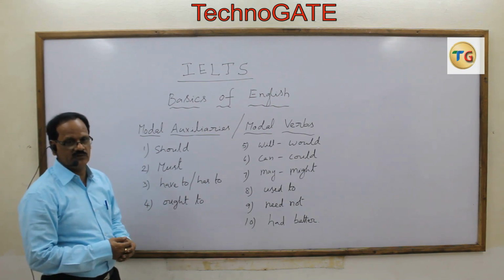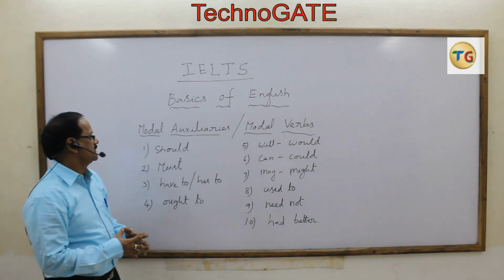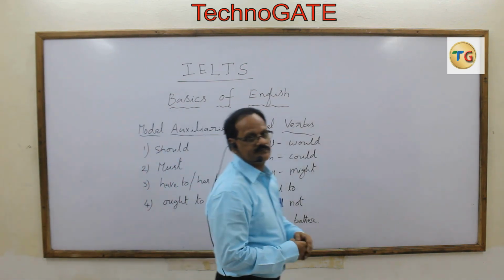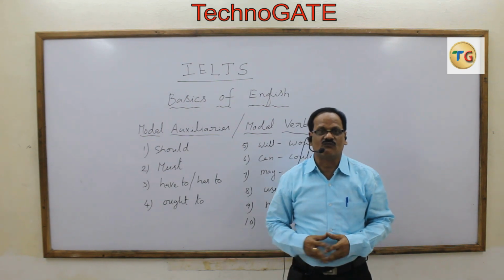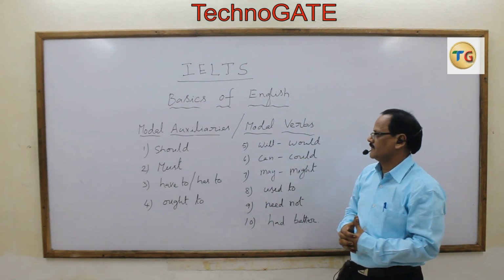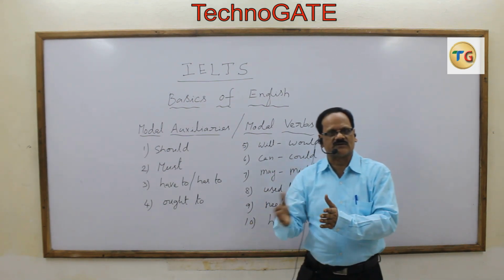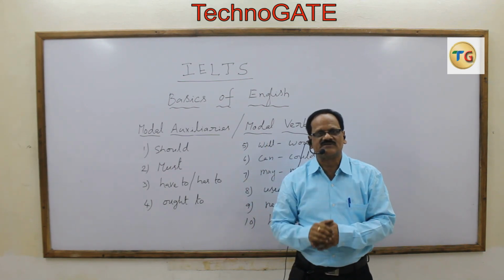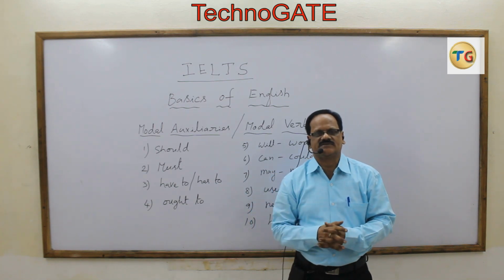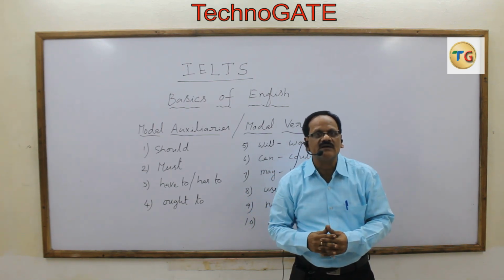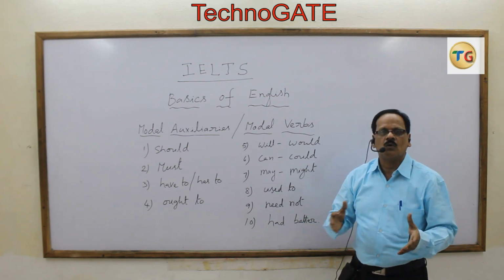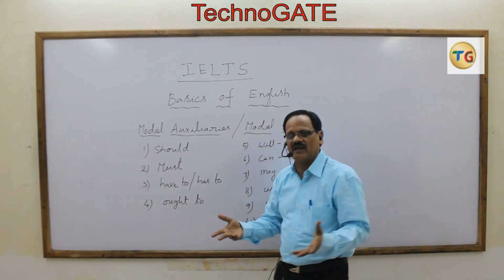Today in this episode we are going to deal with modal auxiliaries or modal verbs. Let's try to understand what modal verbs are. So far in the previous classes we dealt with what are action verbs and what are auxiliary verbs. If you remember, the main action verbs are go, come, do, see, give, take.